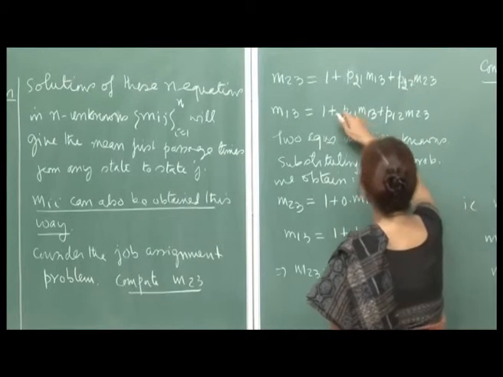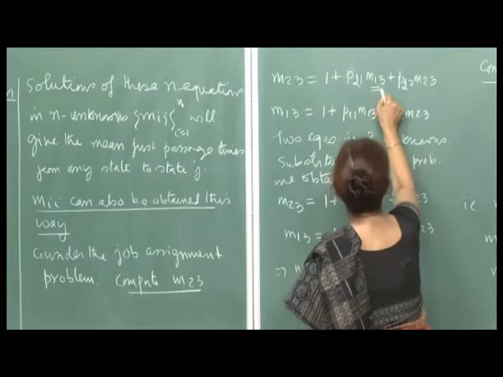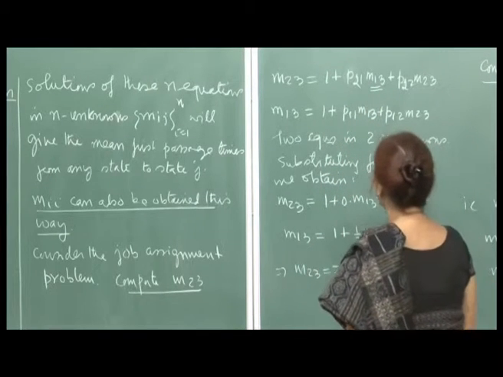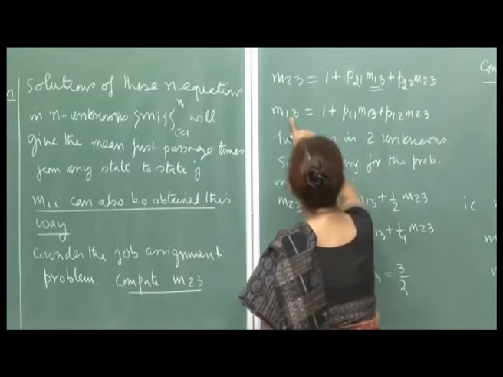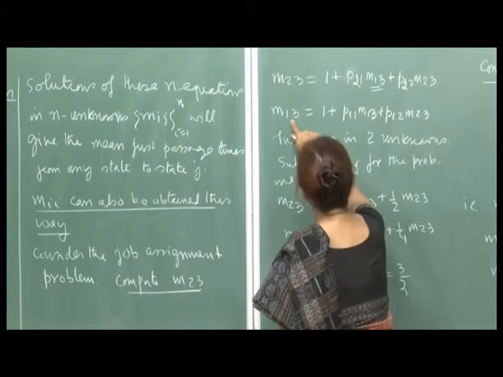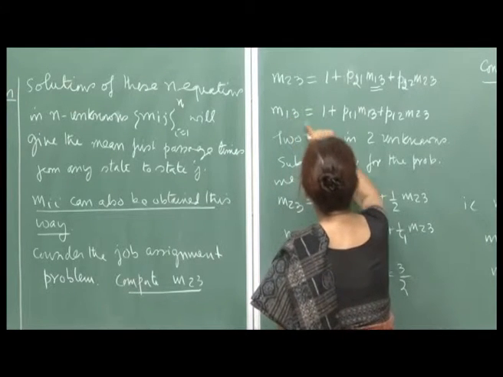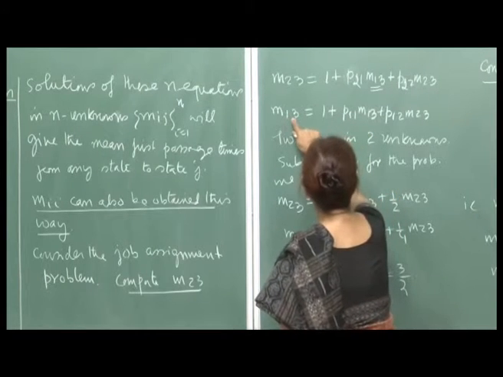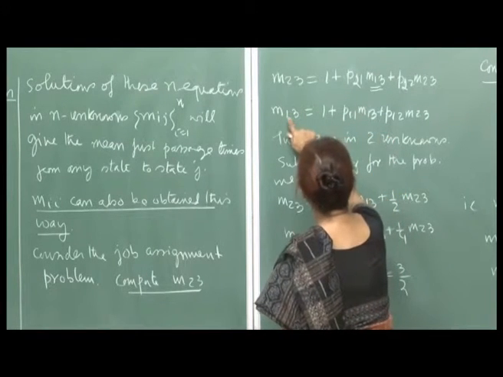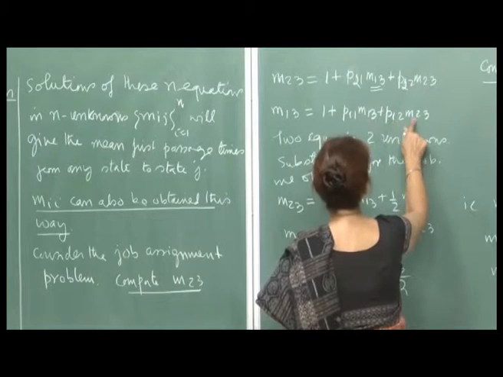Now, in order to compute M23, I need M13, right. So, I will write down the formula for M13. Here again k is not equal to 3. So, this will be 1 plus P11 M13 plus P12 into M23.